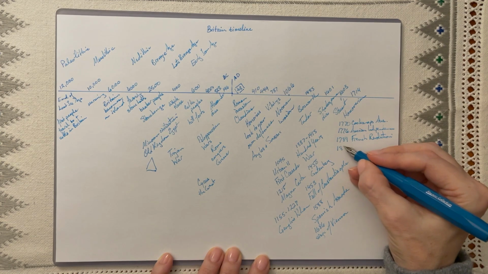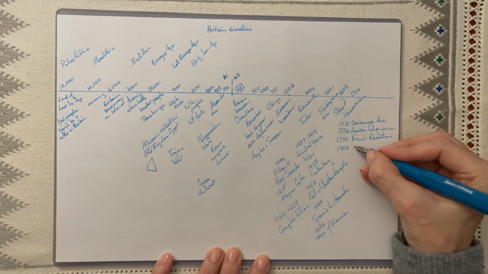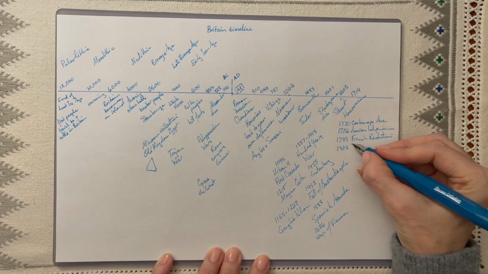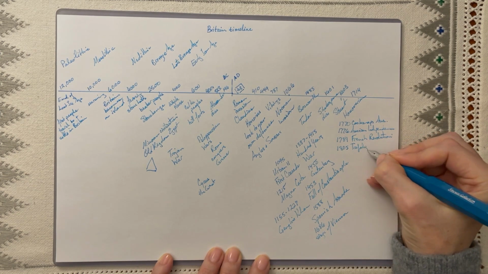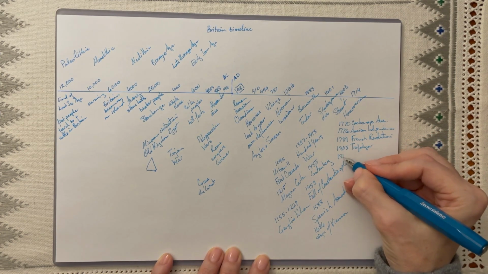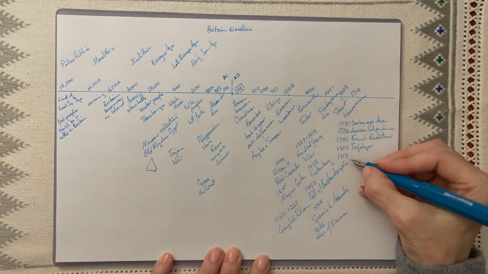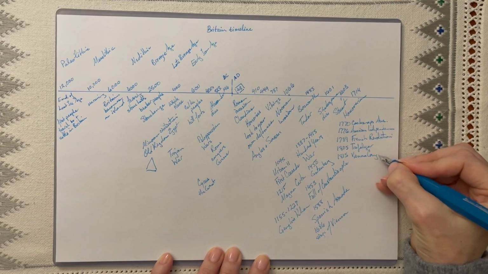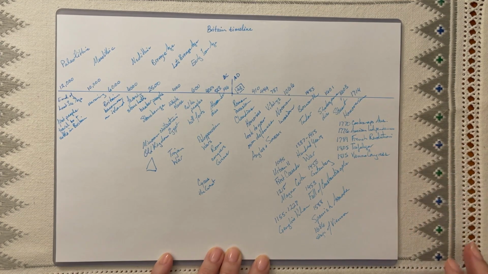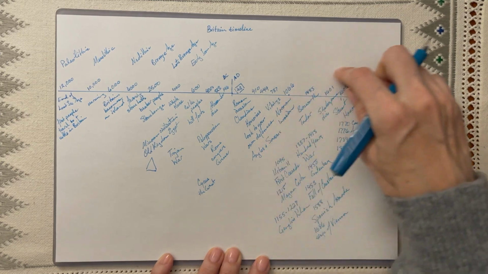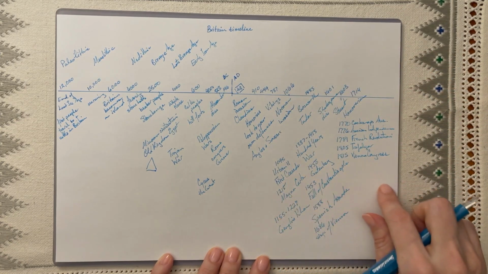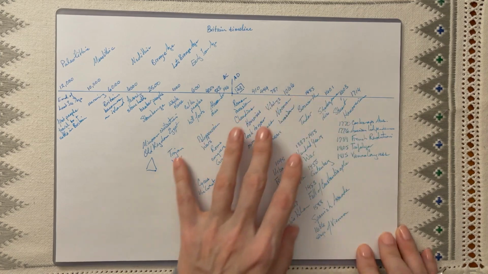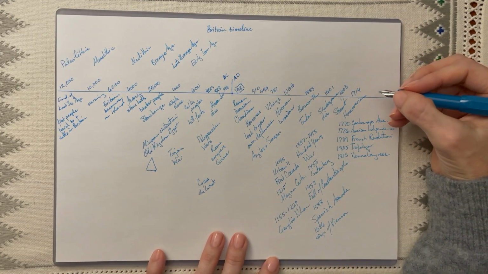And of course 1805, Gibraltar, the Battle of Trafalgar. 1815, end of the Napoleonic Wars and the Vienna Congress. That redrew the map of what would become modern Europe. But if we're to fill in everything, I think we'll be too crowded.